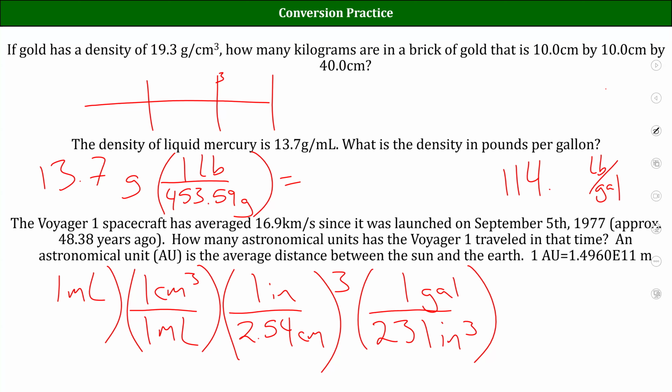I'm getting 140.19. Okay, let's calculate this out so we can get the individual numbers here. So 13.7 over 453.59, we get 0.0302.